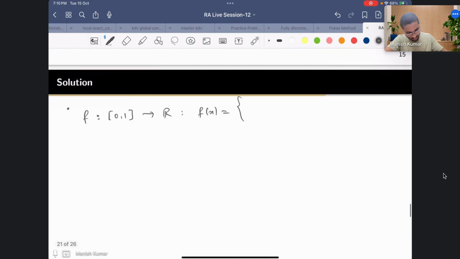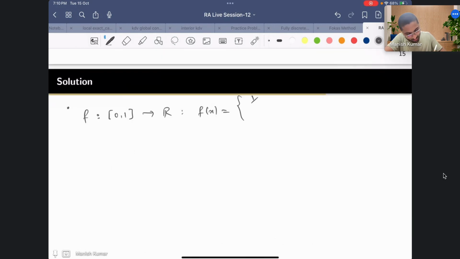So this would be 1 by n, if my x is rational. Actually, it's basically the Thomae function, right? The m by n Thomae function, I think I have discussed in the continuity section.